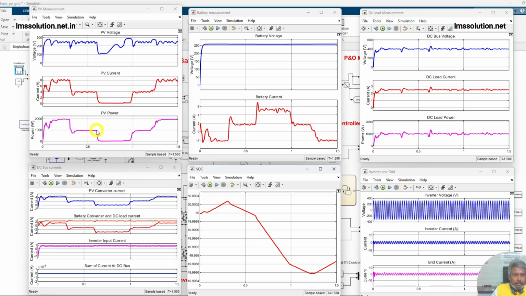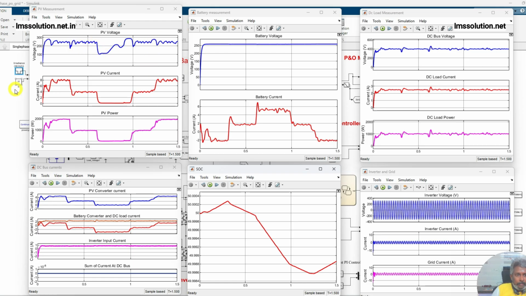After 0.6 seconds, the irradiation changes to 10 watts per meter square, then it comes to 0. At 0.9 seconds, the irradiation changes from 10 to 500, then the power comes to 1000 watts. At 1.2 seconds, the irradiation changes from 500 to 1000 watts per meter square, then it again comes to 2000 watts. So this is the result of PV.